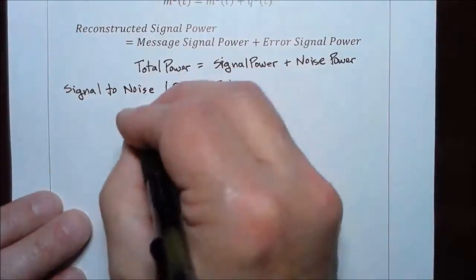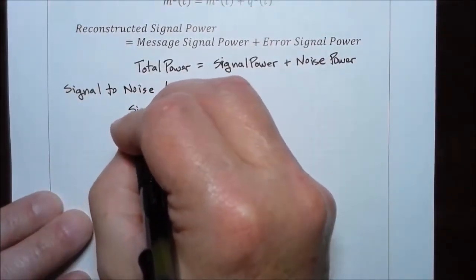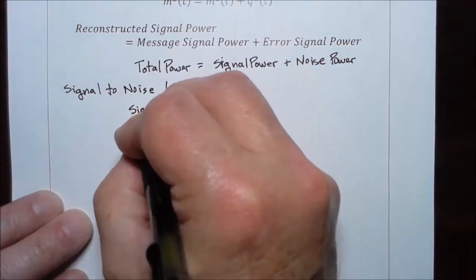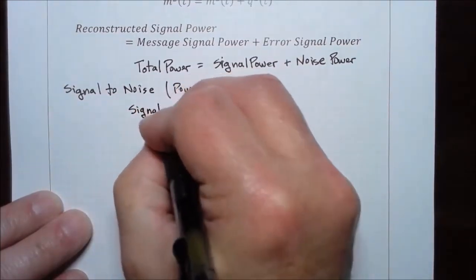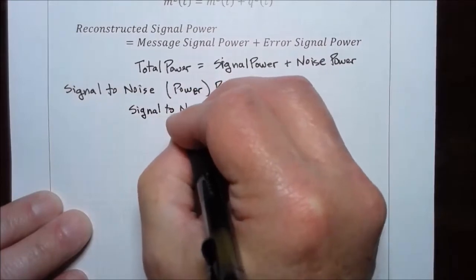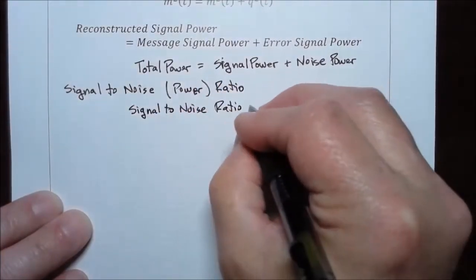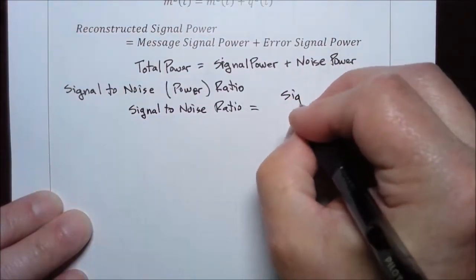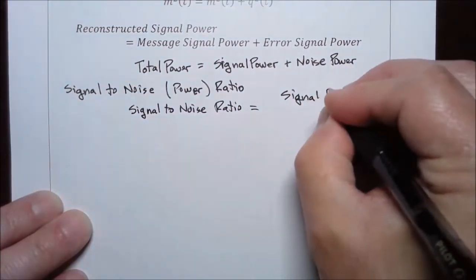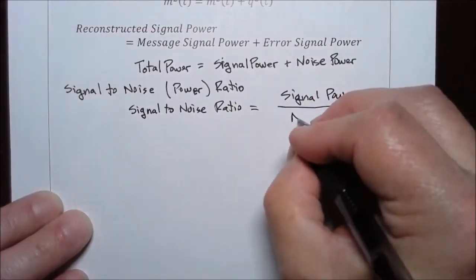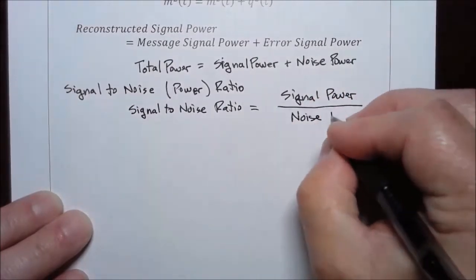So the signal to noise ratio is equal to the signal power divided by the noise power.